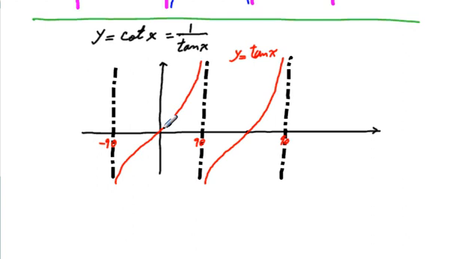We just learned that the reciprocal of 0 is what? Reciprocal of 0 is infinity. Okay, so when this one goes towards 0, cotangent has to go towards infinity. On the other hand, when tangent goes to infinity, what happens to cotangent? Or in other words, what's cotangent of 90 degrees?